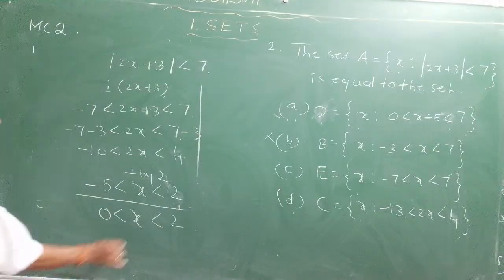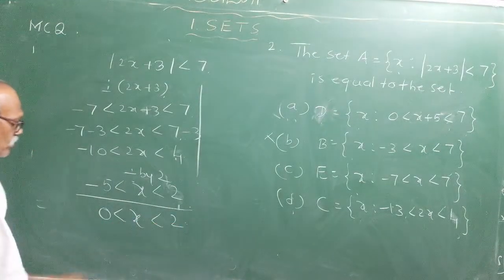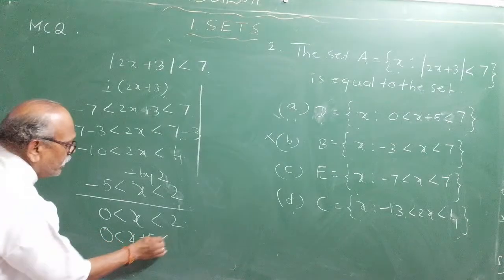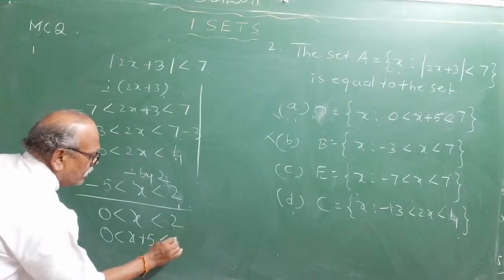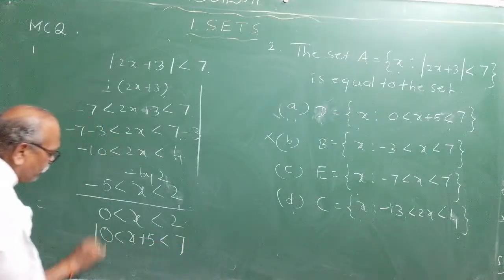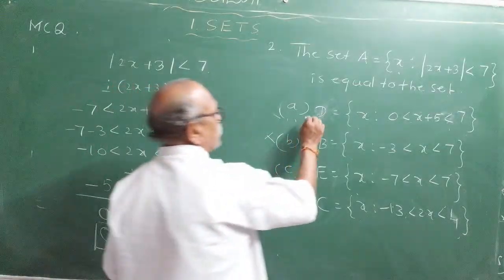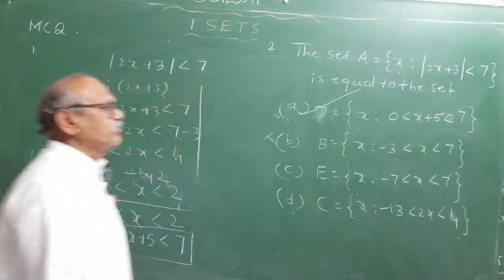Are you getting me? If you add 5 here, you can add 5 here also. You can get 0 is less than x plus 5, and x plus 5 is less than 2 plus 5, which is 7. Therefore, the correct answer will be 0 is less than or equal to x plus 5, x plus 5 is less than 7.